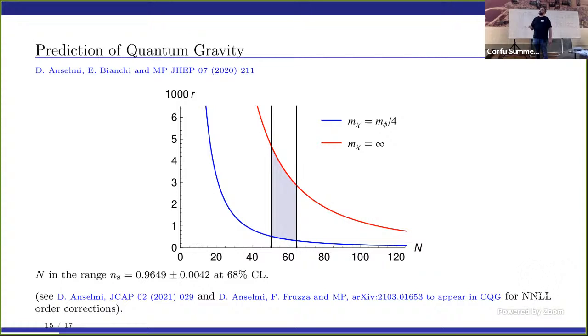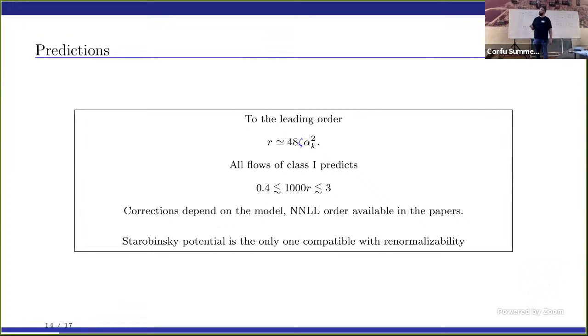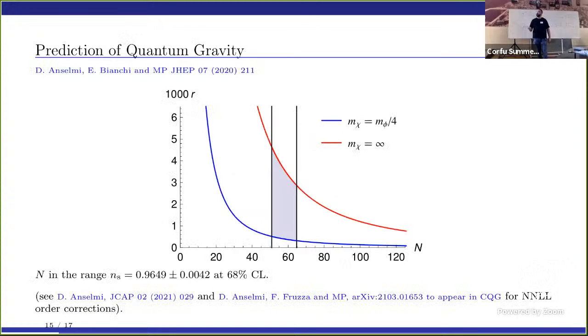The bound is given by this one in that case, and the tensor to scalar ratio has to fall in this region, which is bounded like this. As you see, it's just slightly less than one order of magnitude. This is small for the data now, but hopefully it can be tested in the near future with LiteBIRD maybe, or some other experiments that might measure bounds on the tensor to scalar ratio with more accuracy.